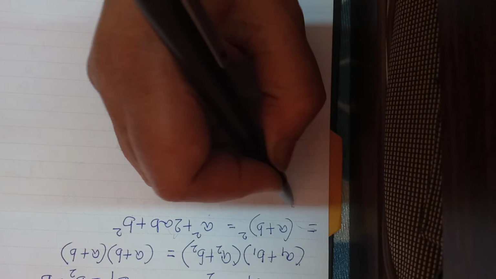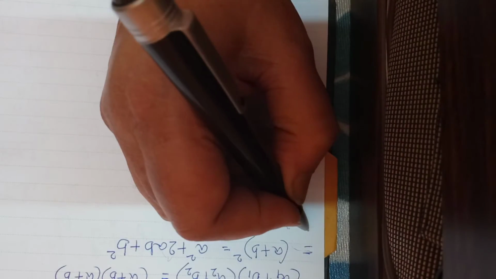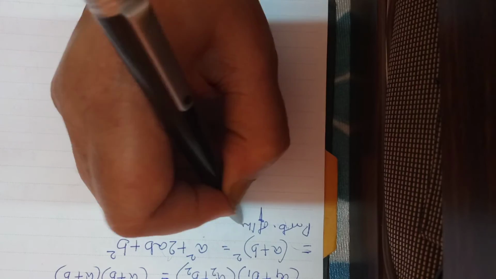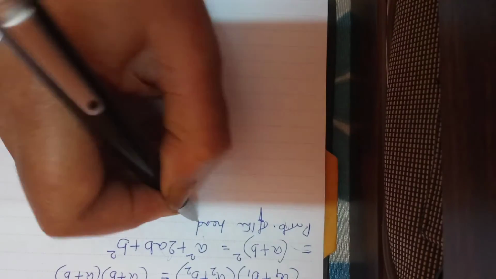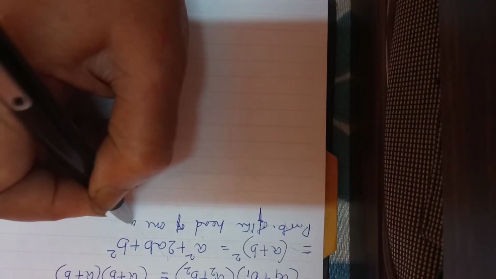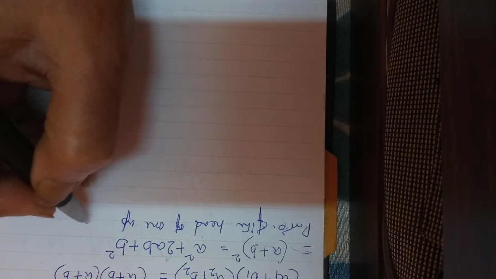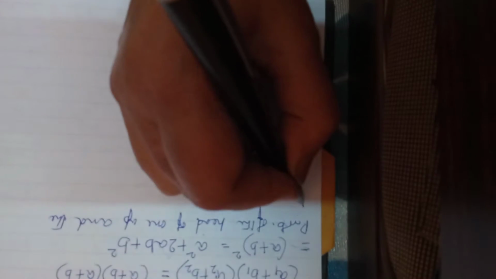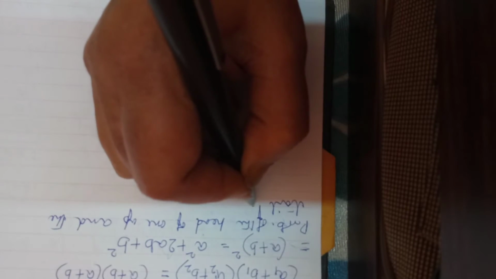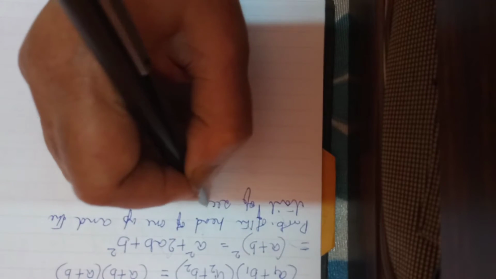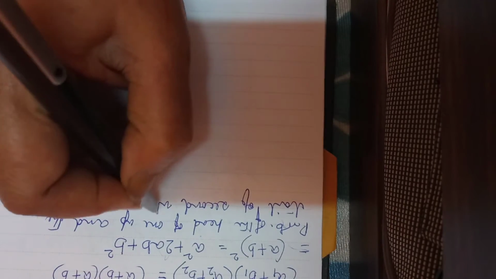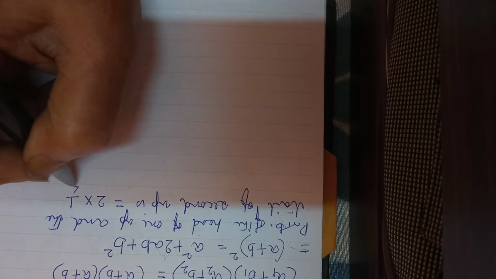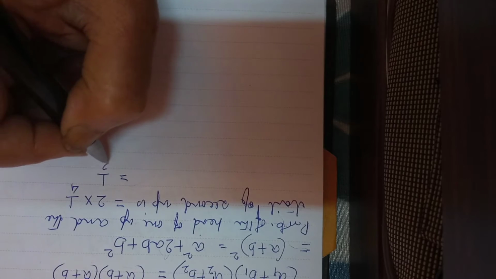So the probability of the head of one up and the tail of the other up is 2 times 1/4. So we can write that the probability of the head of one up and the tail of the second up is equal to 2 into 1/4, which is equal to half.